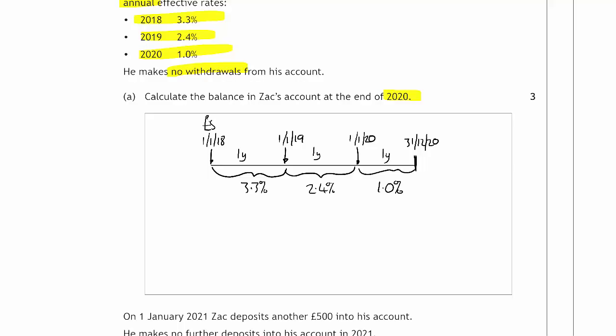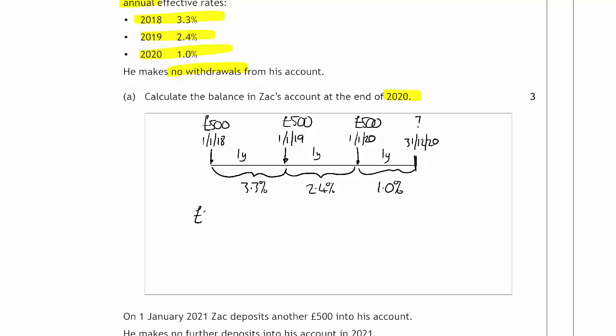And obviously the important thing is the money he's putting in, right? So £500 each year. So what we're going to do is work out the first £500, how much is that going to be, and obviously accumulating all this interest, and then the second 500, and then the last 500.